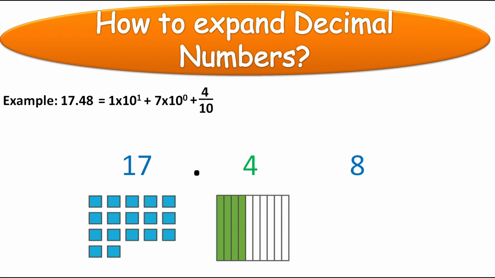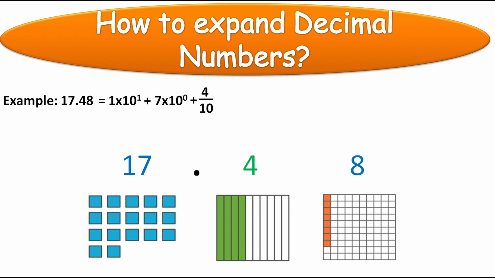Understood? Now after 4 we have 8. Now we choose one part and divide it into 100 equal parts, and out of 100 I am choosing 8 parts. So how am I going to write it? 8 upon 100. Understood? In the same way we expand the number.